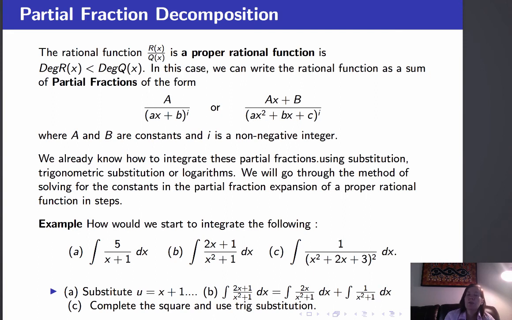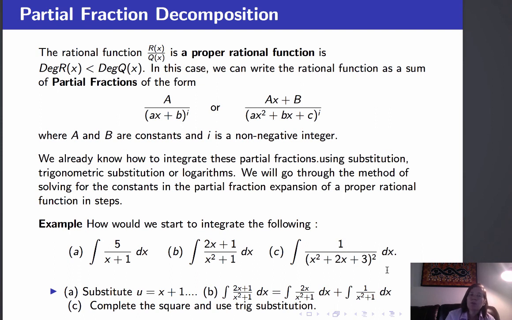For the first one I can use the substitution u equals x squared plus 1 directly, and for the second one I can use tan inverse. For part C, the integral of 1 over (x squared plus 2x plus 3) squared, I could complete the square and then use the appropriate trigonometric substitution from the previous section.